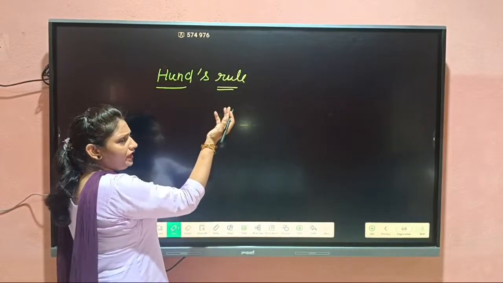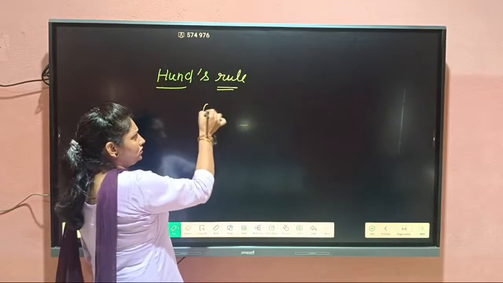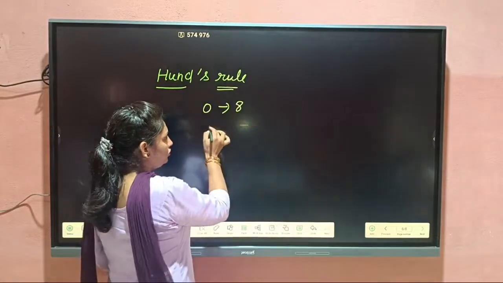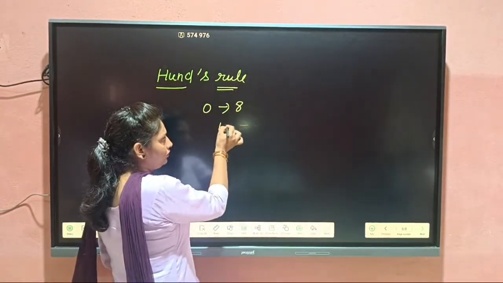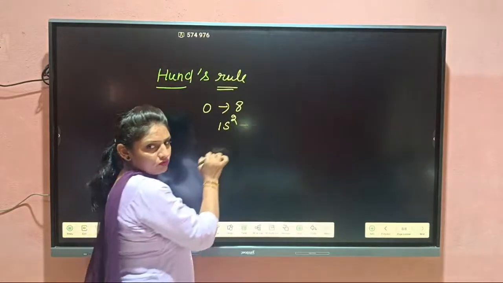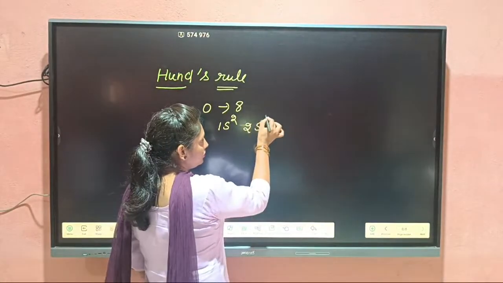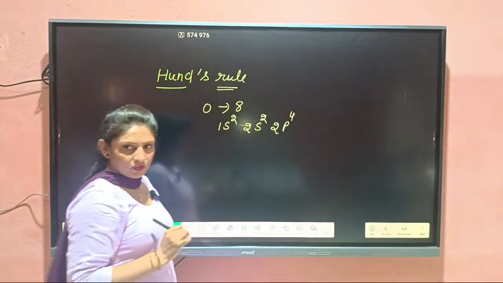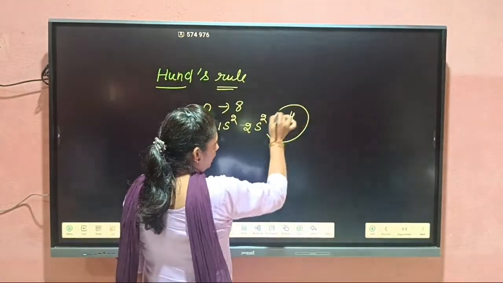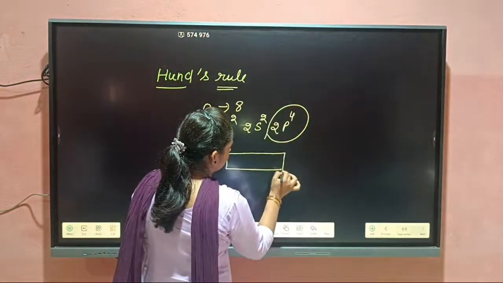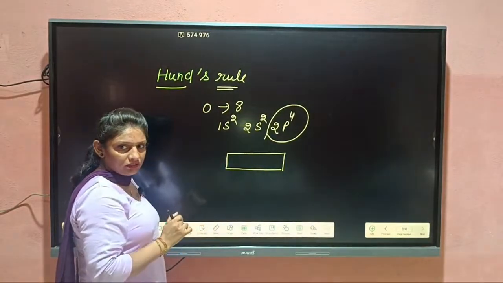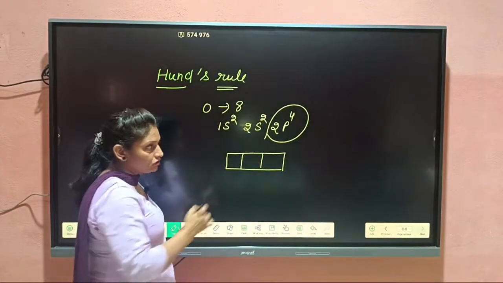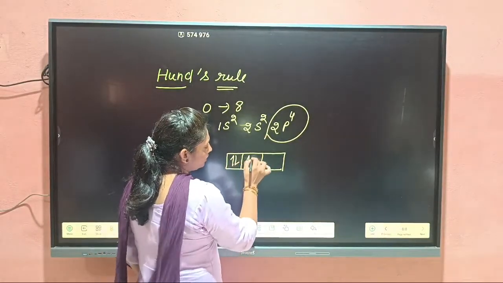For example, if we have oxygen, what is the atomic number of oxygen? 8. So electronic configuration is 1s2, 2s2, 2p4. Here in 2p, how many orbitals are in p? 3.